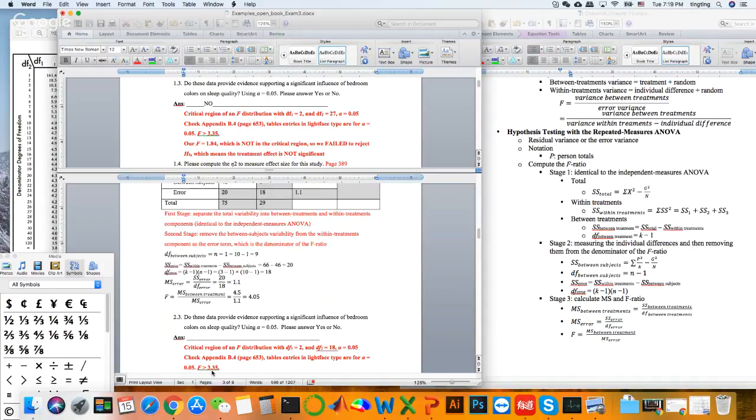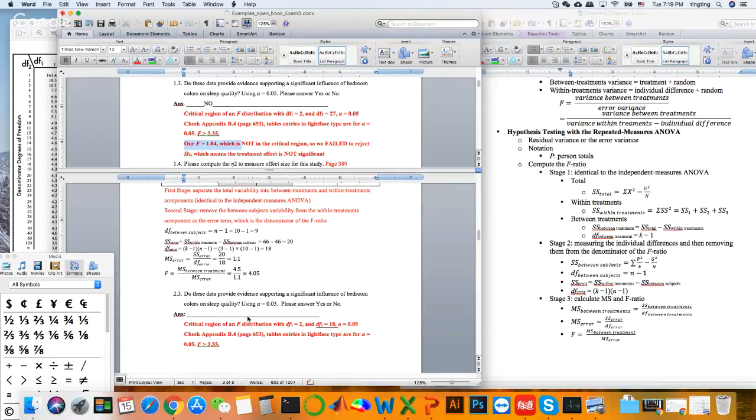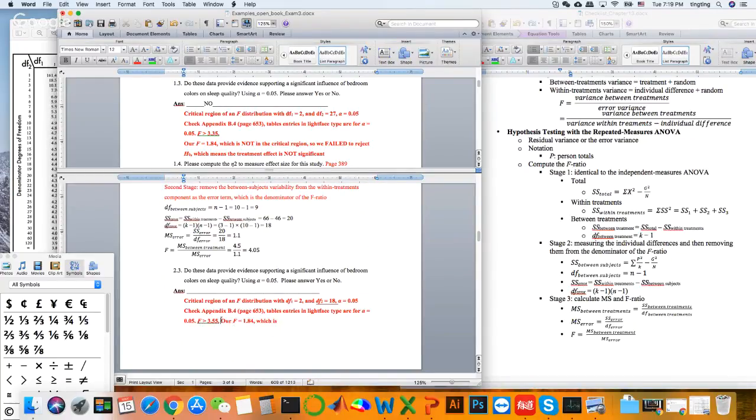F greater than 3.55. So here our F equals to 4.05, which is in the critical region.